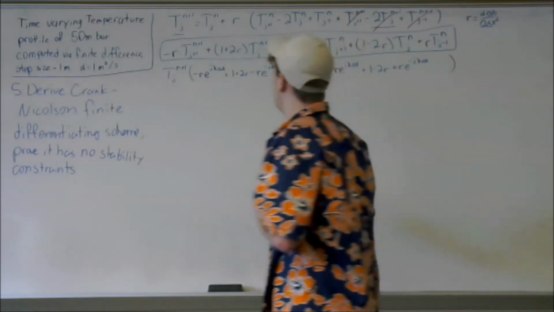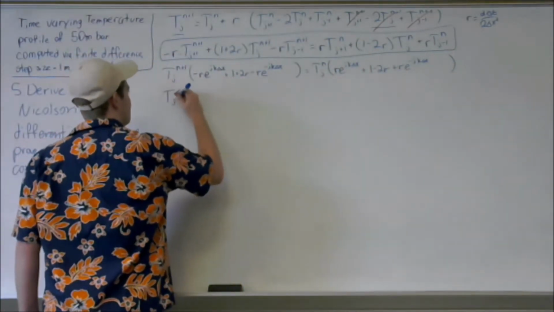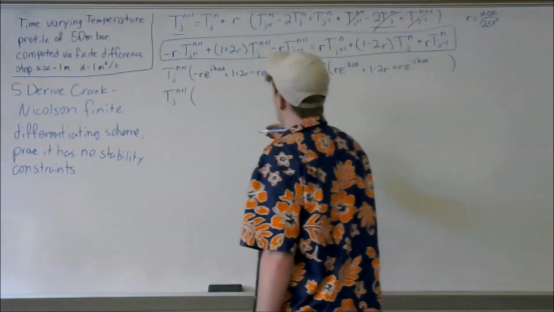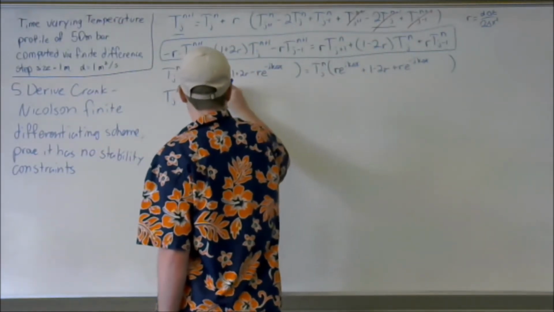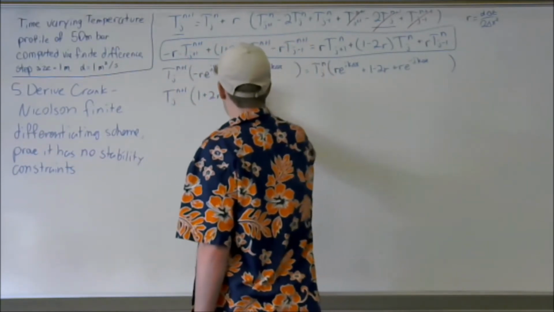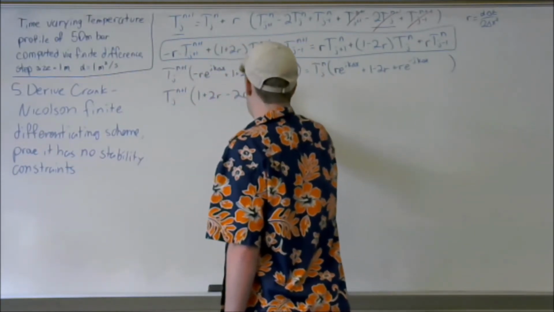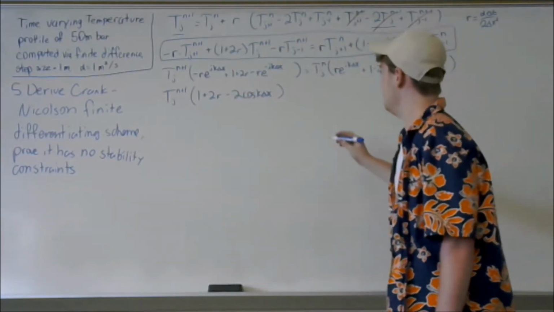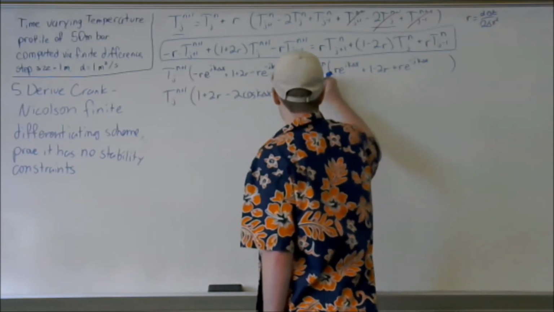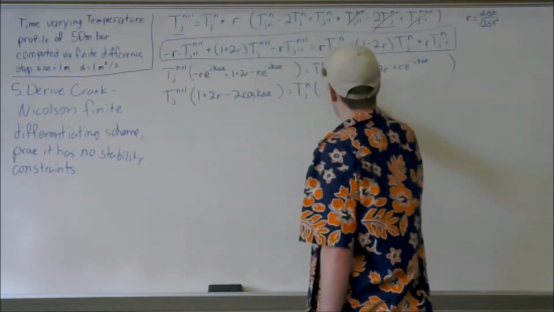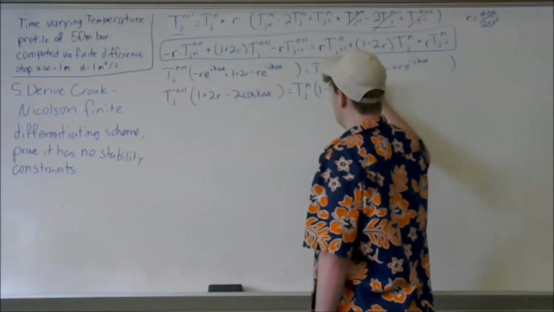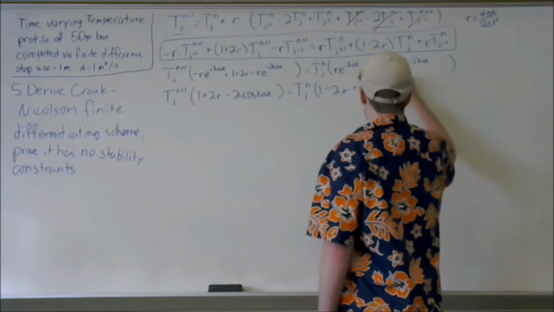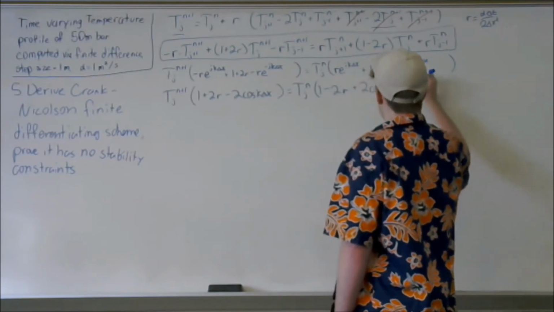So if we keep going with that, we've got T_j^(n+1) times 1 plus 2r and then minus 2 cosine of k delta x, I believe, just like that. And that equals T_j^n. Same idea: we have a 1 minus 2r, and then plus 2 cosine of k delta x.